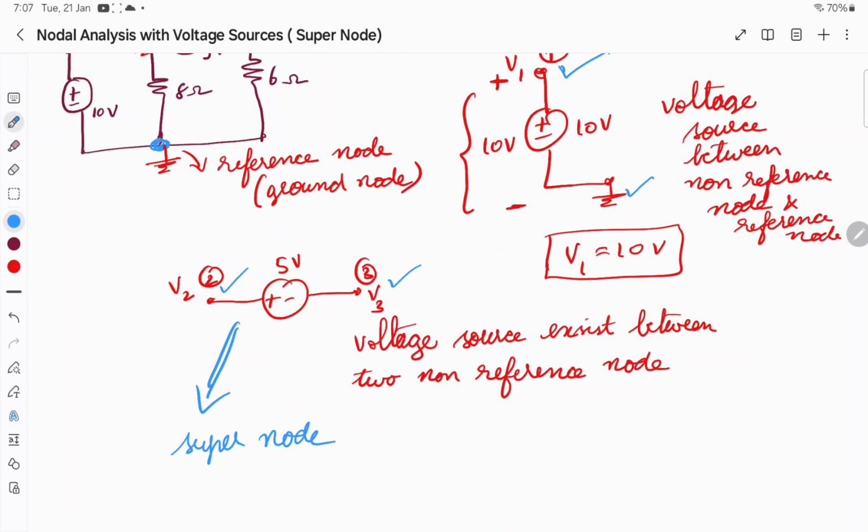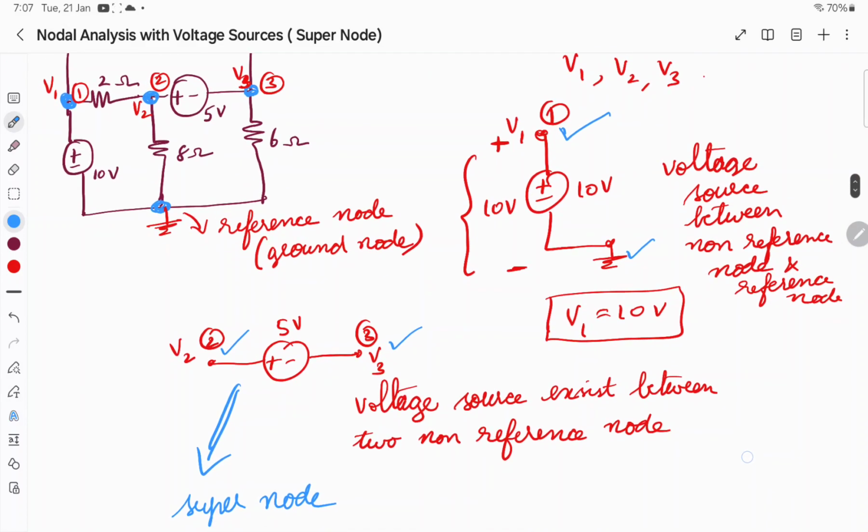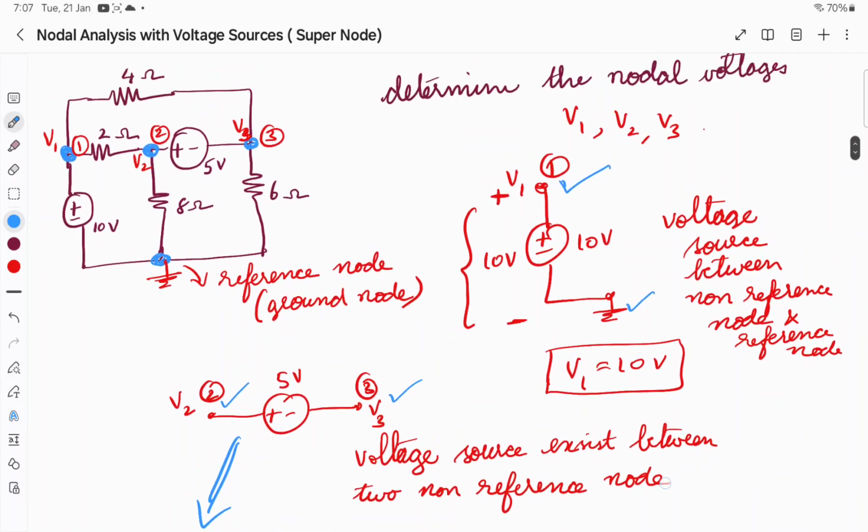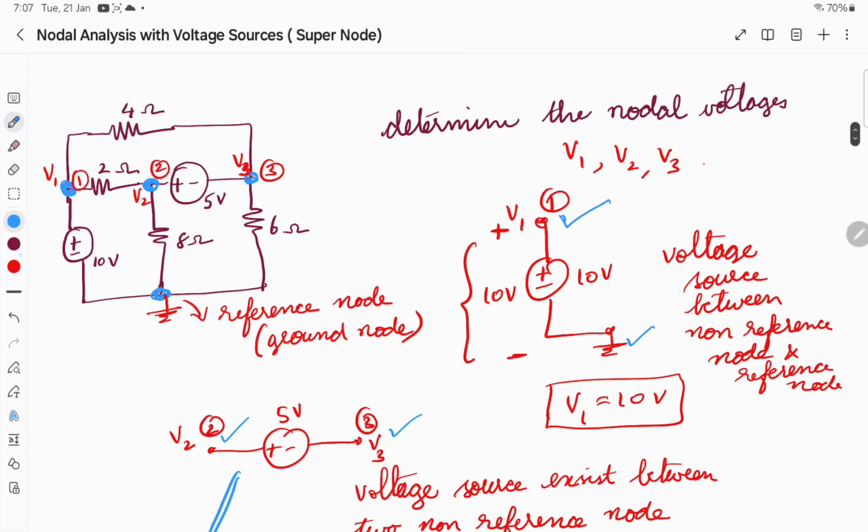So what is a super node? It is straightforward. This entire 5 volt voltage source can be considered as a single node. I can make a mark here. This voltage source existing between two non-reference nodes can act as a super node.